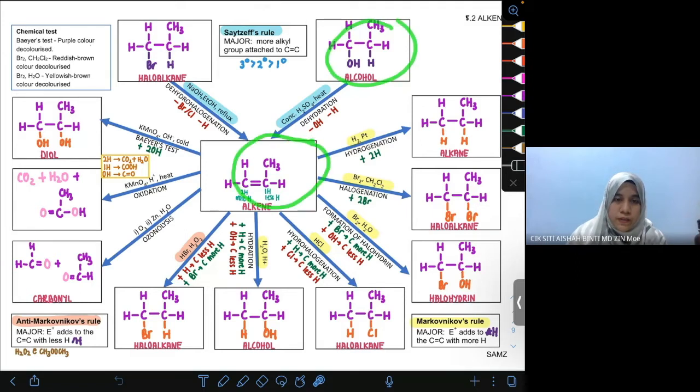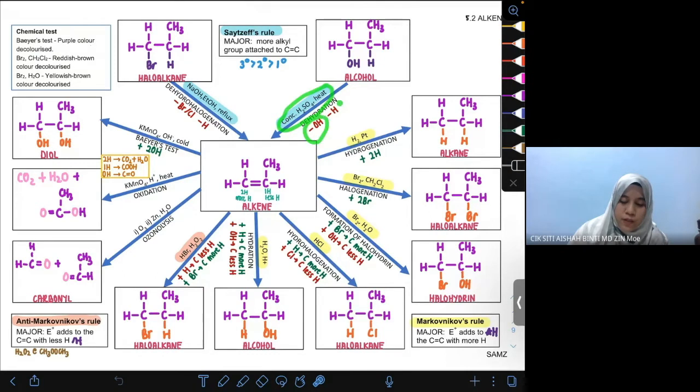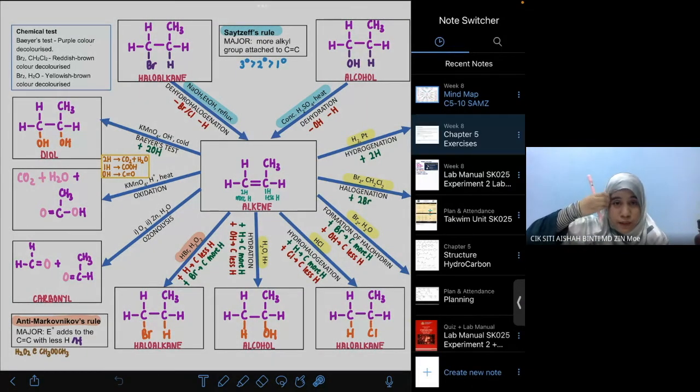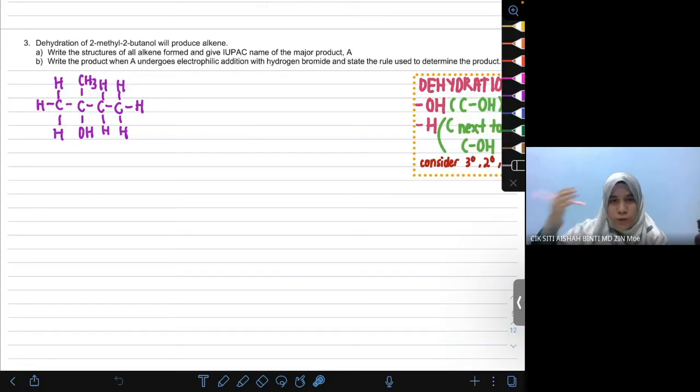For the dehydration of alcohol, we need concentrated H2SO4 and heat to remove our OH as well as a hydrogen. This reaction is an elimination reaction which follows the 6th rule. Later we will do the extra question too. No worries if you have forgotten.